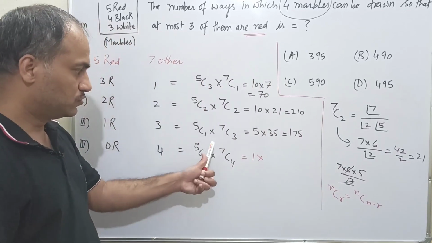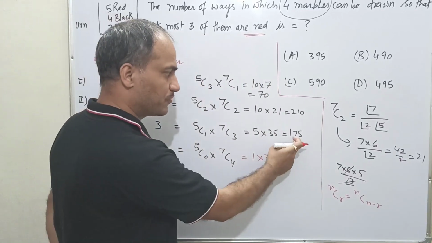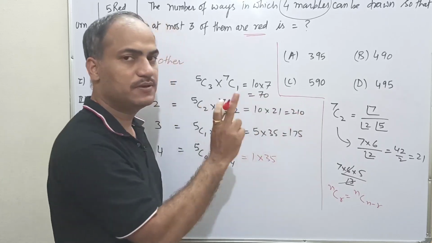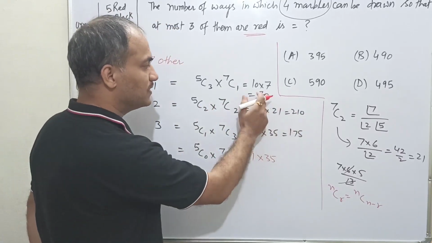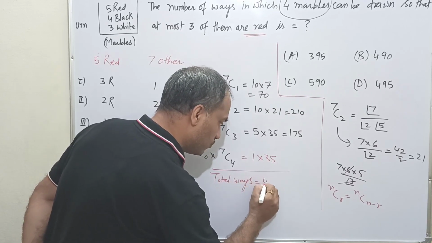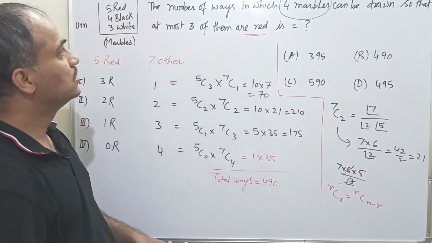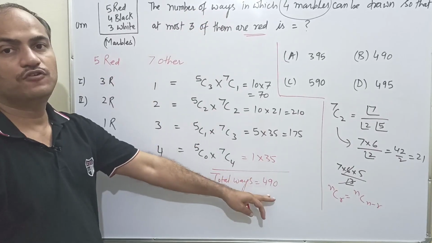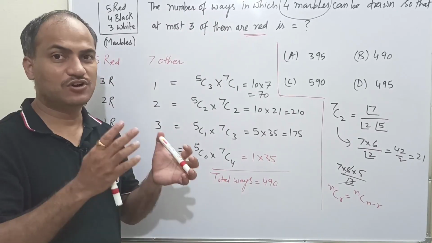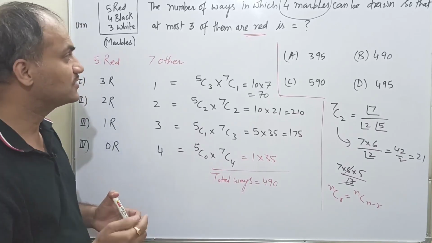Clear? So this will also be 35. Let us add 175 plus 35, it means 210. 210 and 210 means 420. 420 plus 70, it means total ways is 490. Okay, so the total number of ways is 490 for such a possibility. We have a shorter way for this question. Let us see what.